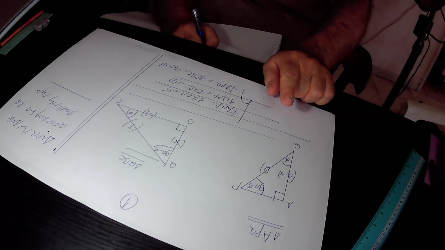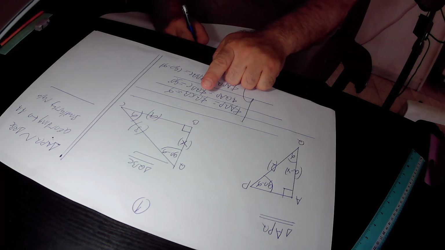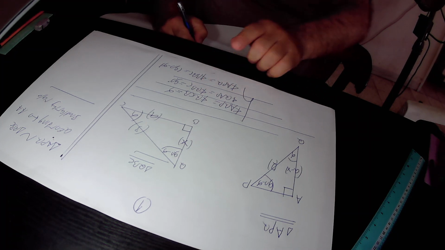And it is also equal to side PQ in the right triangle APQ over side QC in the right triangle QBC.